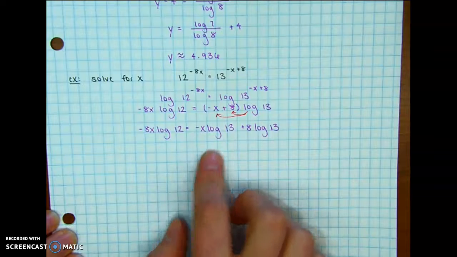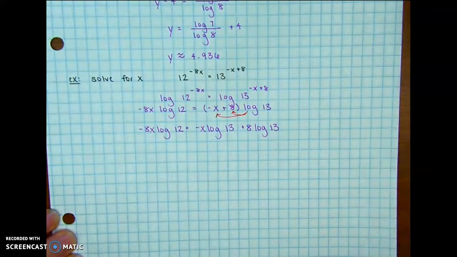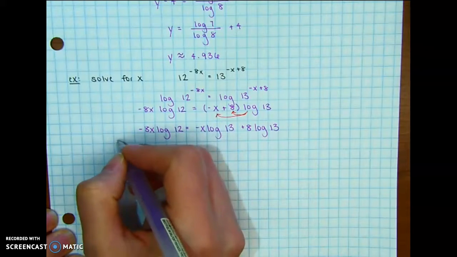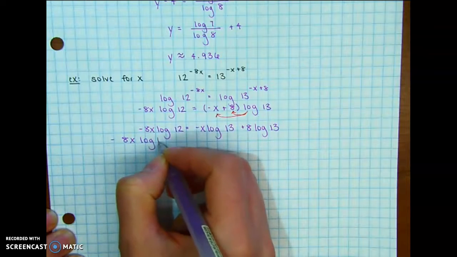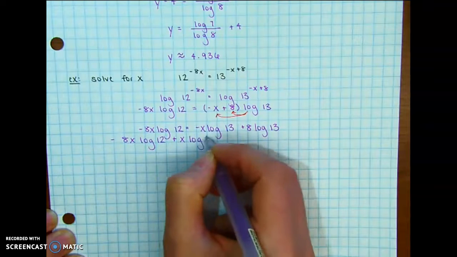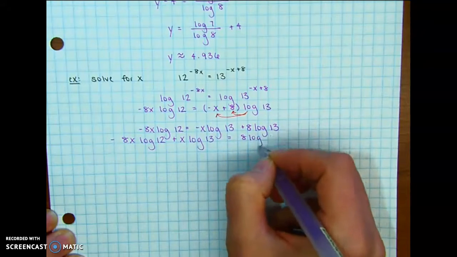So I'm going to add this x to the left side so that they're closer together, even though we can't necessarily combine them. So that will make this negative 8x times log of 12 plus x log of 13 equals 8 log of 13.